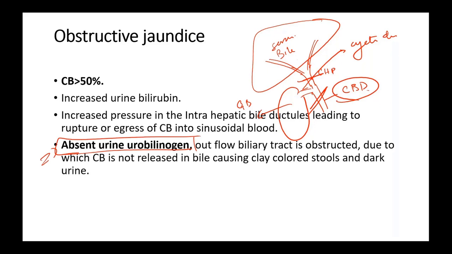Why? Because the conjugated bilirubin which is formed in the liver is not getting released. So when the conjugated bilirubin is not there, there will be no urobilinogen or stercobilinogen in the stool, which will cause clay color stool.